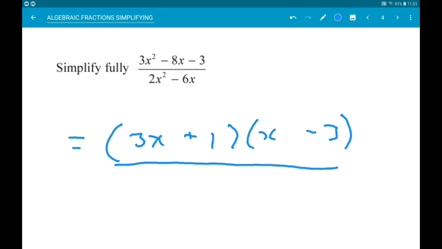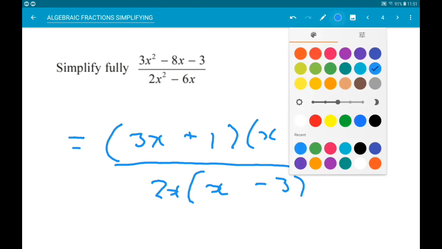Now on the bottom, we have a common factor of 2x. So if we bring that out, we get 2x times, well, 2x squared divided by 2x is just x, and minus 6x divided by 2x is just going to give us minus 3.